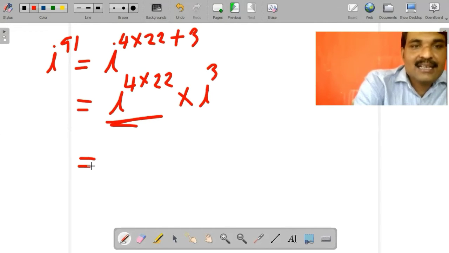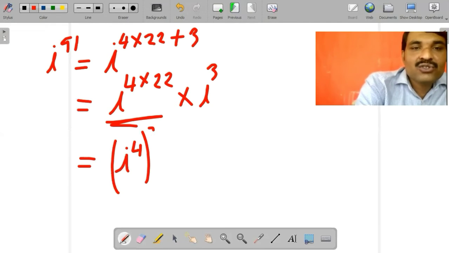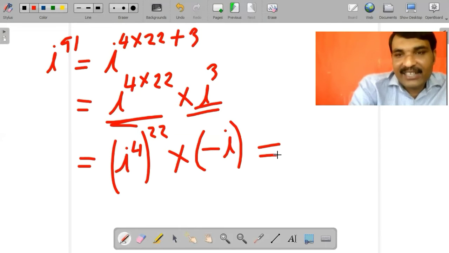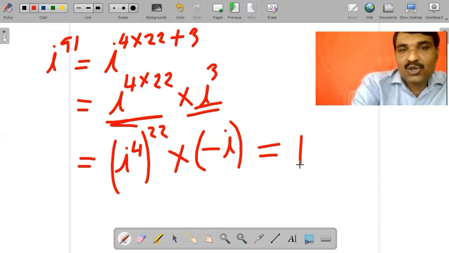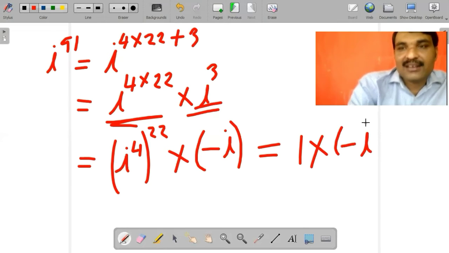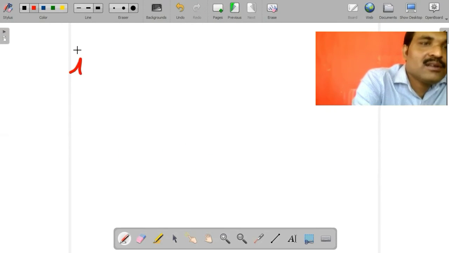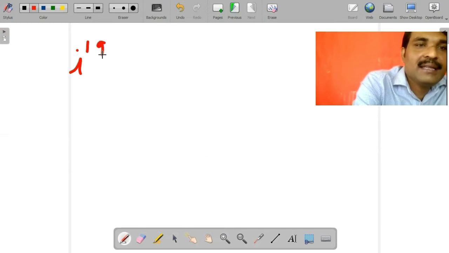So we can write this as iota raised to 4 all raised to 22 multiplied by iota cube. Iota cube is equal to minus iota. So this is equal to 1 raised to 22, that is 1, multiplied by minus iota, that is equal to minus iota.